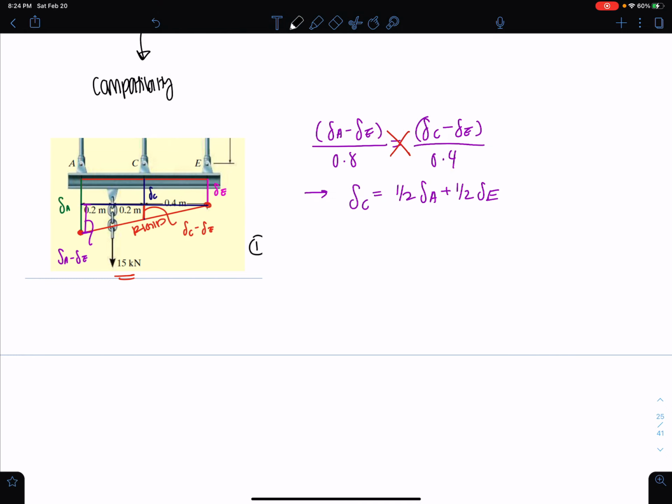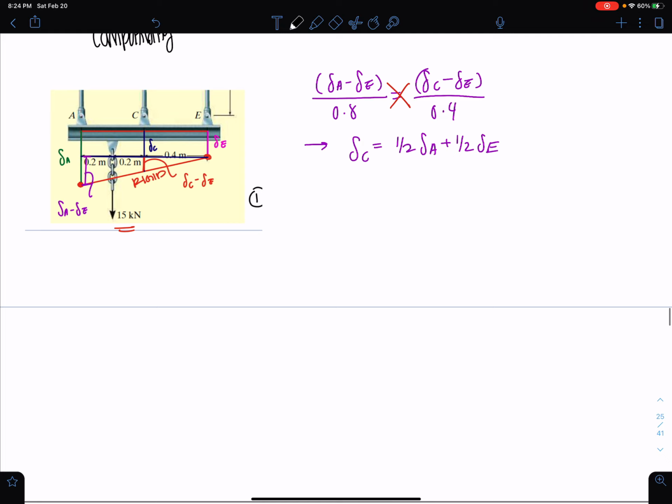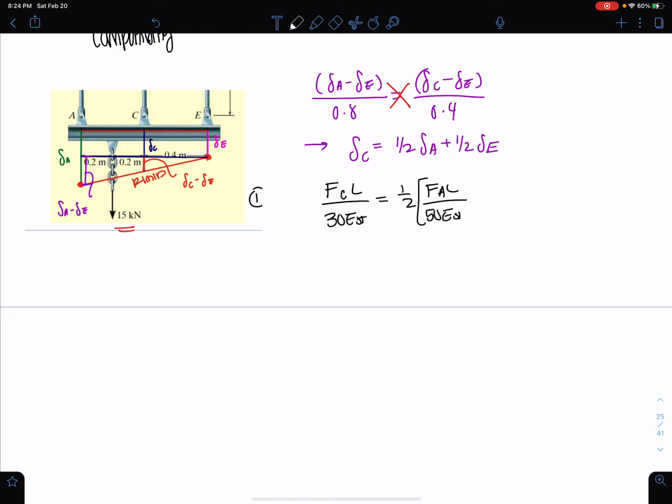Okay. Now what I can do is plug in my equation for delta. So delta C is FC LC divided by A E of steel, which is equal to 1/2 FA L, all the L's are the same, A times E, plus 1/2 FE LE divided by A E of steel.